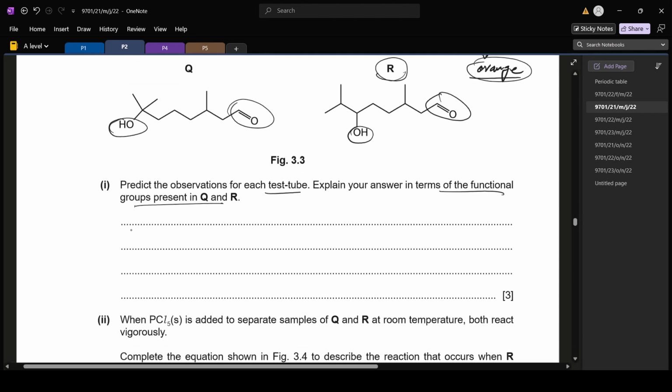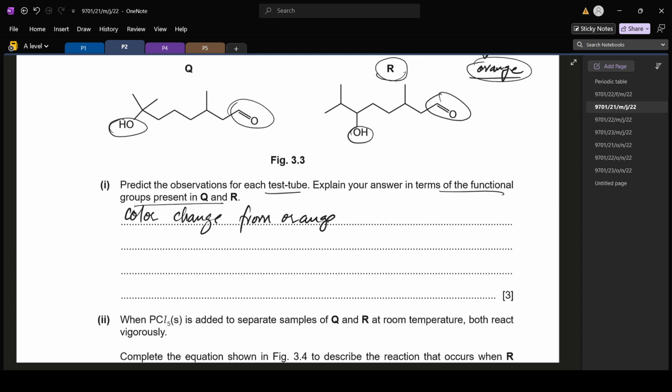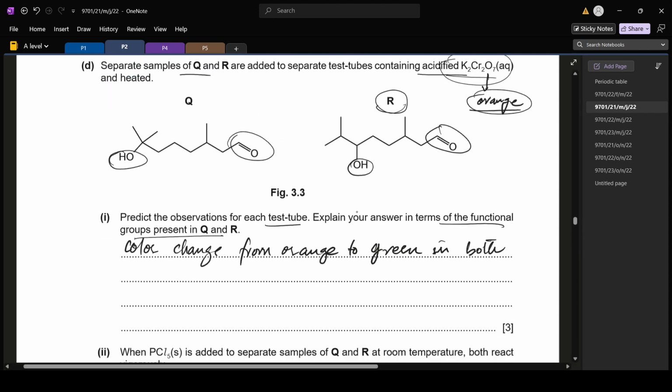So the color changes from orange to green in both test tubes.